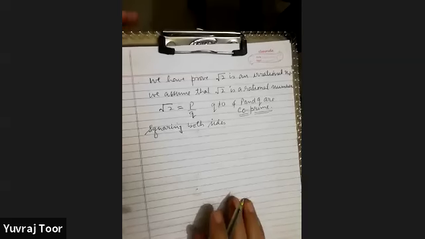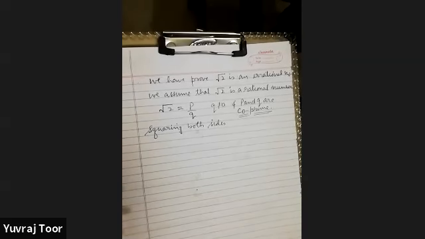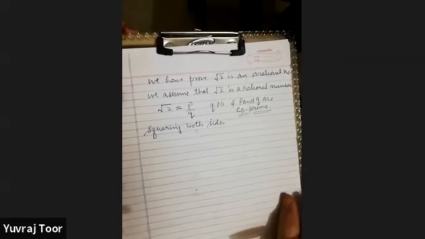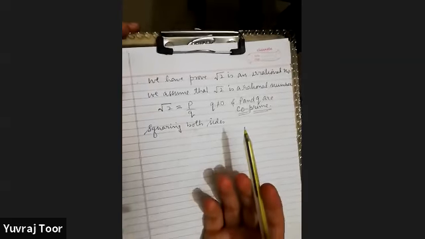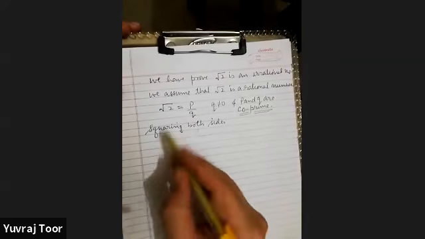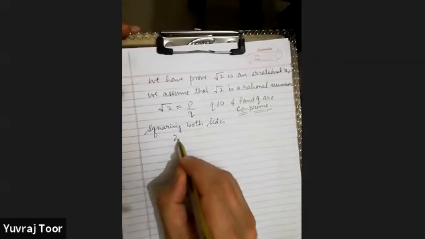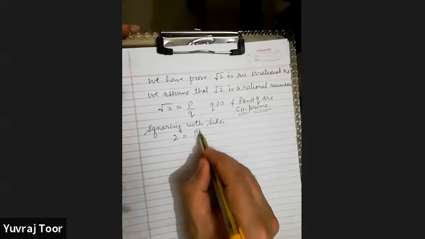We are not assuming any of them is negative, because squaring a negative number may give you a different result. So since they are positive, I square both the numbers and I get p square by q square.